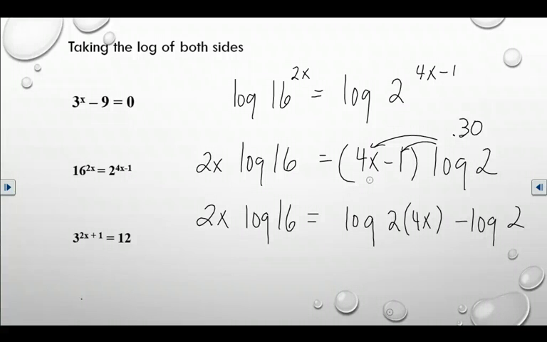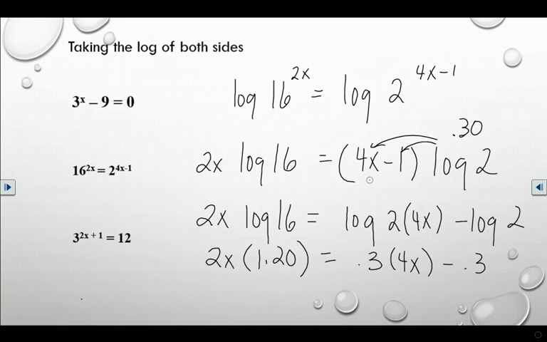And you can change this to 0.3 and change this to 0.3. Go ahead and change this. So let's go ahead and do all that. 2x times, somebody take the log of 16, what is it? To two places, 1.20 is equal to 0.3 times 4x minus 0.3.